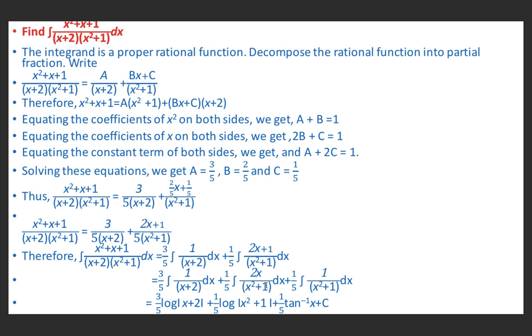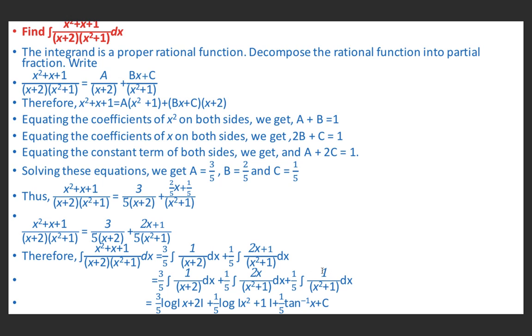Then you will get 2x dx equal to dt, so here you will have dt upon t. The integration of dt upon t is log t, and t is nothing but x square plus 1. So I have written directly 1 upon 5 log of x square plus 1. In place of t you write x square plus 1 again.